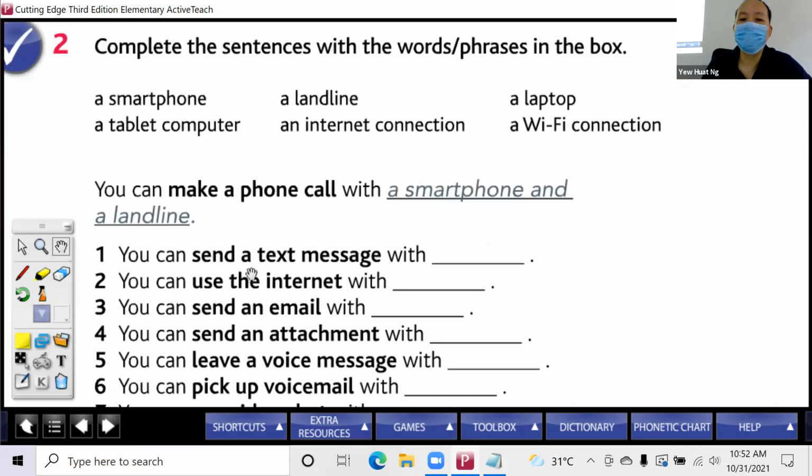Okay. Anyway, so can we just quickly discuss? All right. Send text message with what? Smartphone. Anything else? Laptop. One more. Yeah. Use the internet with. Same, right? Just for fun, okay? Do you know that we went to the moon in 1965?